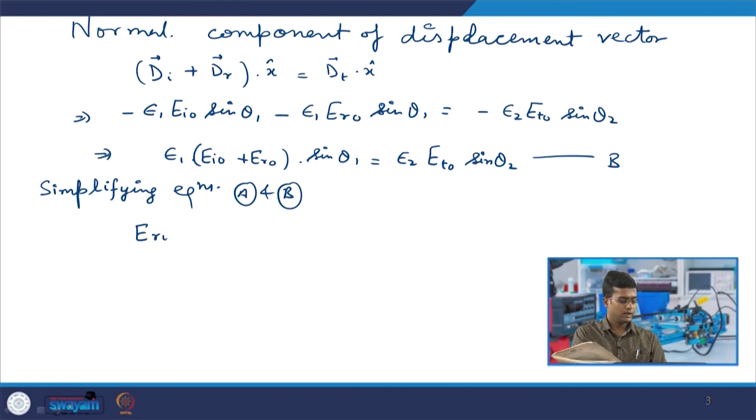What you get? We want to calculate ERO by EIO, which is the amplitude reflection coefficient, equal to Rp.